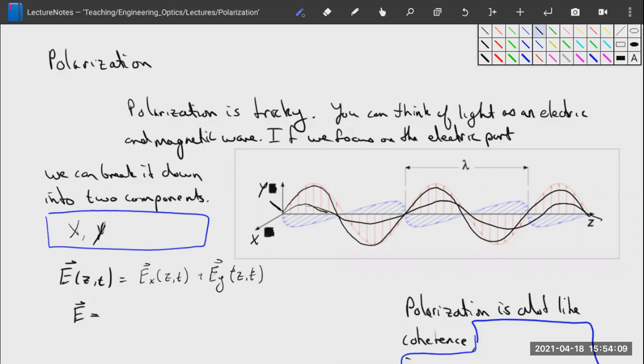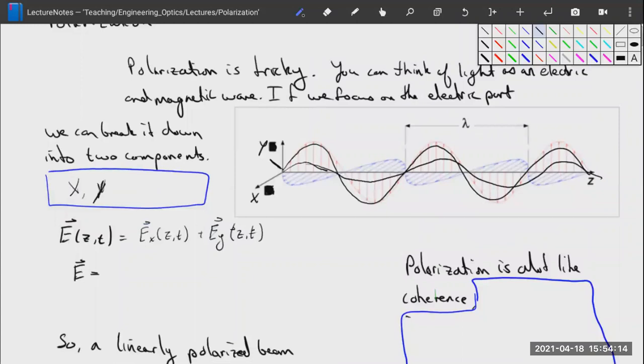And each one of these things, to make this math a little bit simpler, we can give each one a magnitude, call it E naught x i hat plus E naught y j hat, times the cosine of kz minus omega t, where omega t is the phase and kz is the direction.